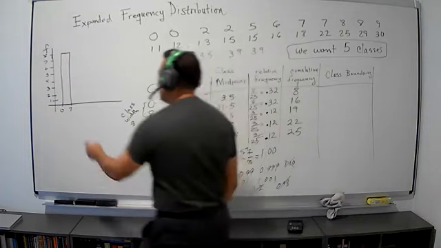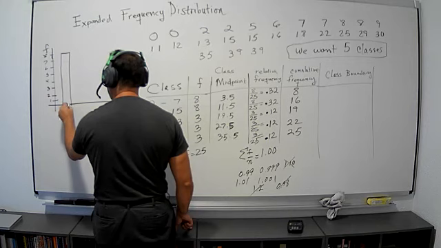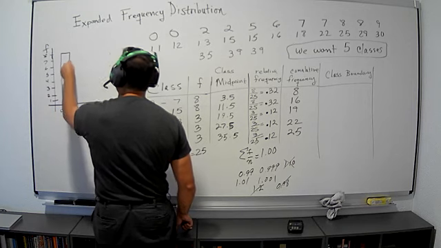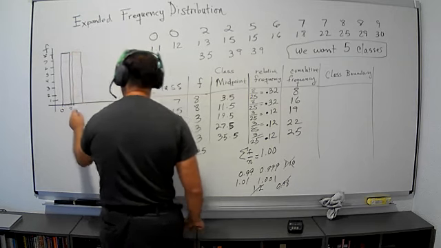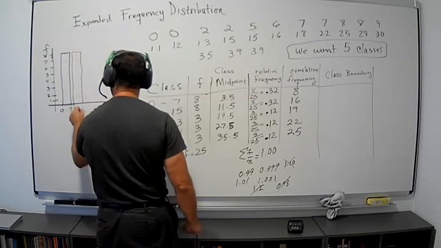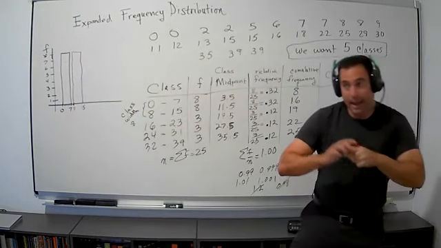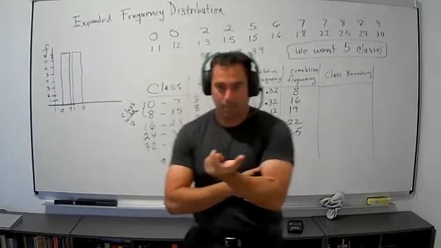But now when we do 8 to 15, let's see, 1, 2, 3, 4, 5, 6, 7, 8. It has a little gap. And so now we don't have a histogram. We have a bar graph. So there's a sense of discontinuity between those two. In this class, bar graphs will have separation.